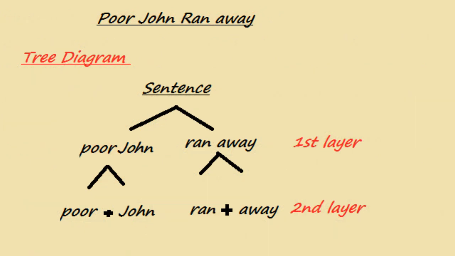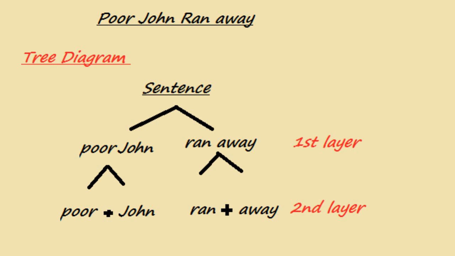You make two arrows, right? You have poor John on the left, ran away on the right. This is the first layer. For the second layer, we take poor John. We make two small arrows. You will have poor alone plus John alone, on the same side. Then ran away, we will do the same thing.